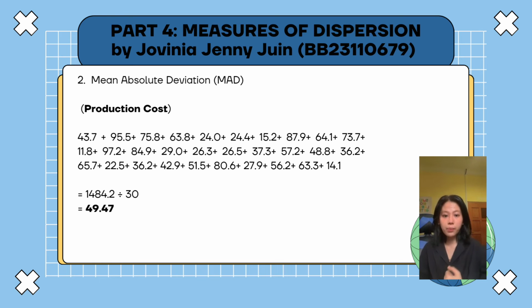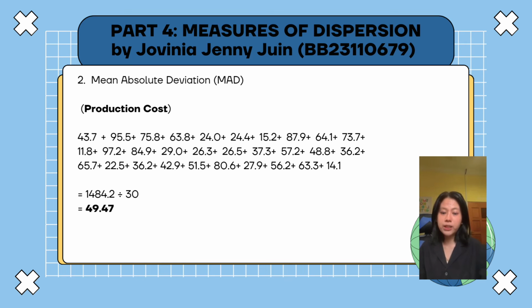To calculate the MAD, we use the sample formula, which is to sum up all the values and divide by the number of all values. In this calculation, we need to find the mean first.